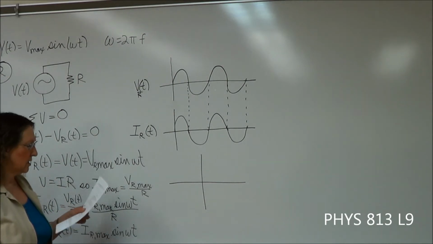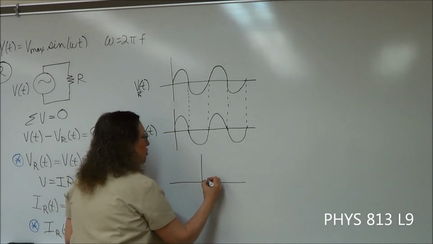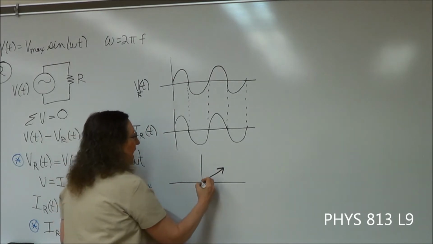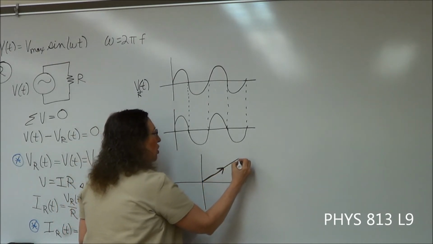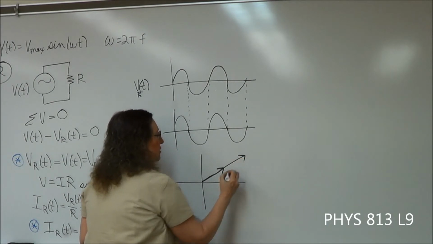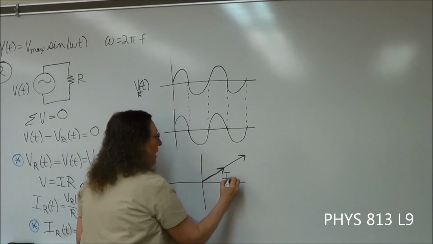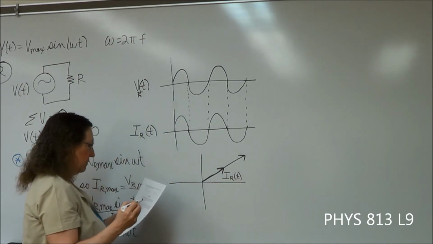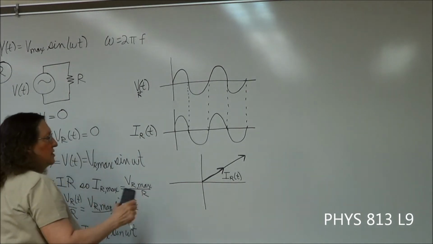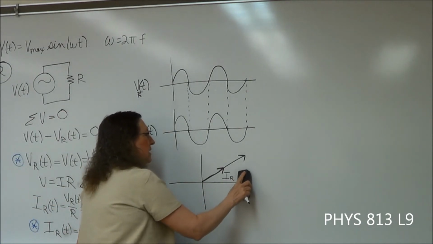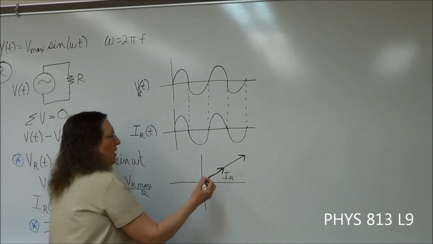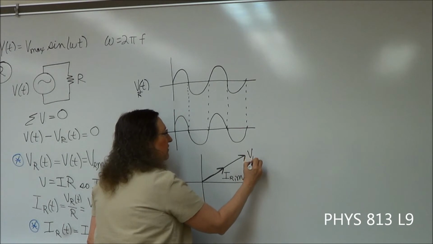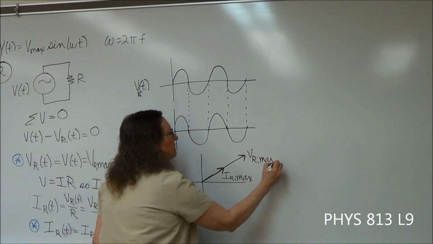And for some reason, I decided I would draw a short current vector, and then on top of that, I'm going to draw a longer voltage vector. So this one is I of the resistor as a function of time. Actually, I don't want it as a function of time. I want max. I have to keep track of exactly what I want here. So I'm going to put I max, and I'm going to put VR max. Okay?